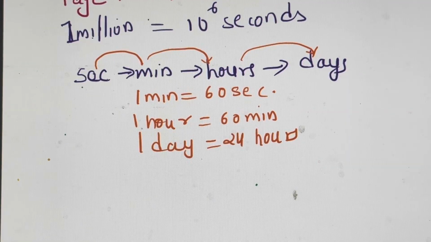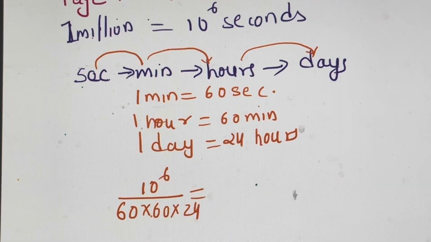So now we know that 1 million is 10 raised to 6 seconds. So 10 raised to 6 should be divided by 60 into 60 into 24. Right? Now what we do first, we write down 10 raised to 6 as it is and we separate these zeros. So 2 zeros mean 10 raised to 2, and 6 sixes are 36.